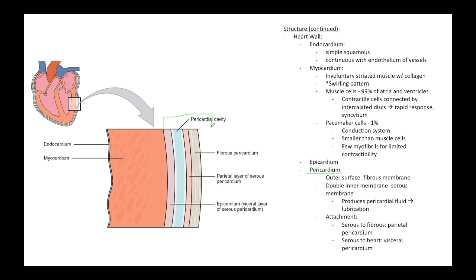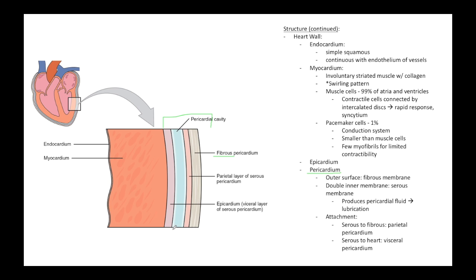My descriptions are going to vary a little differently than what this picture looks like, but I'll hopefully explain it a little clearer for you. So on the outer surface of the pericardium is our fibrous membrane. And on the inside is a double inner membrane called the serous membrane.